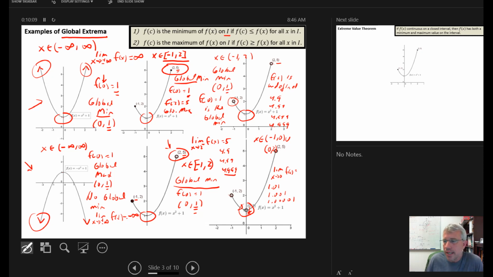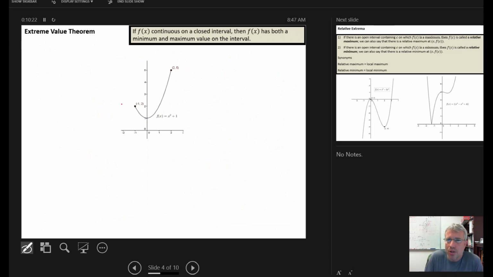And the big idea that you want to wrap your head around is that the only place here that I got both a global minimum and a global maximum was the case where I have a closed interval. So the extreme value theorem then comes out of this conversation.